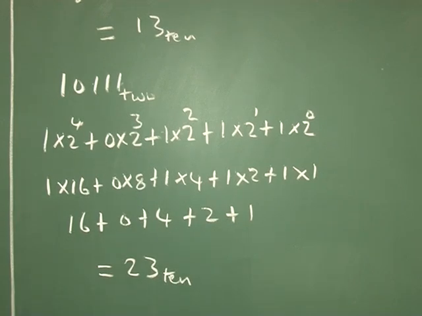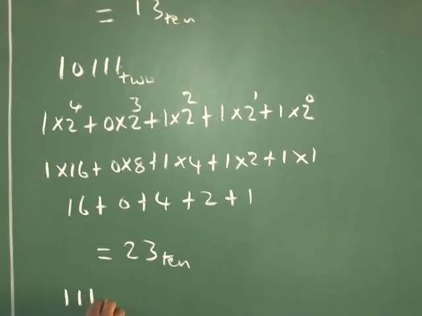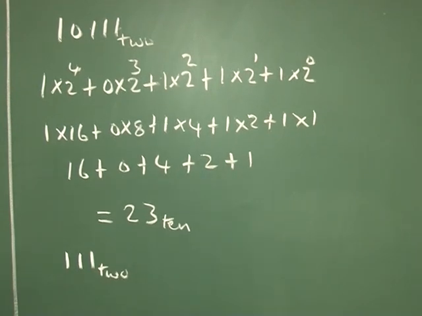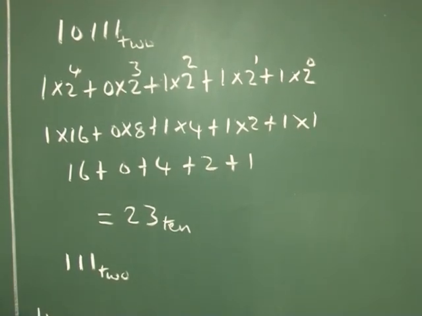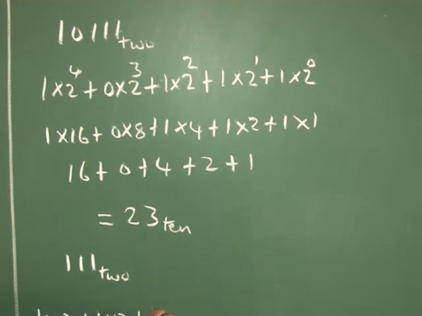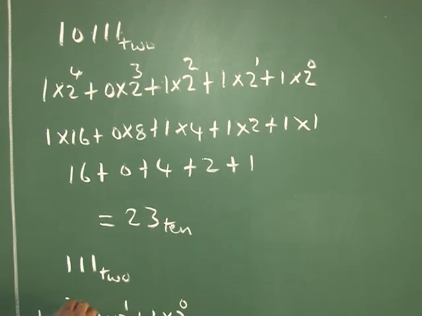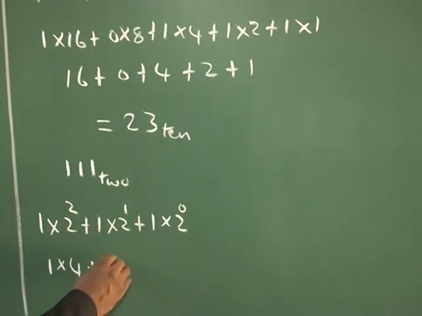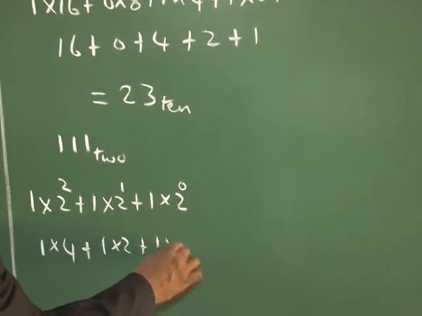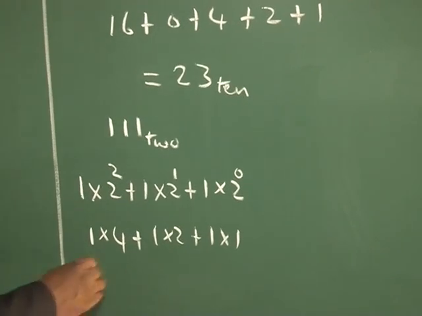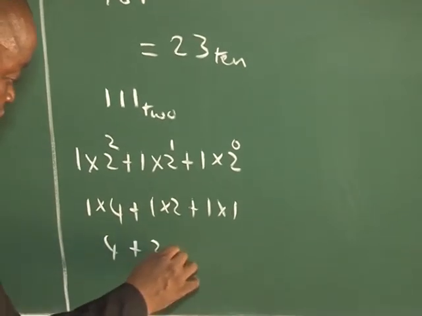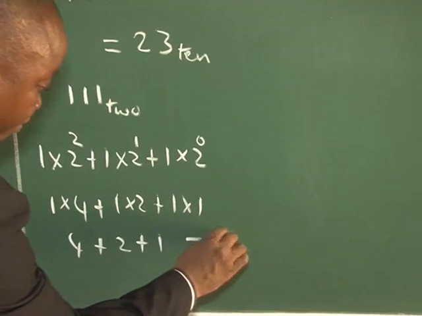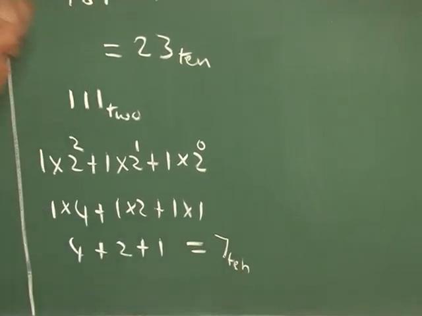Then the next, we are going to convert 111 in base 2 to base 10. That gives us 1 times 2 plus 1 times 2 plus 1 times 2. Raise it to 0, 1, and 2. This will give us 1 times 4 plus 1 times 2 plus 1 times 1, which is 4 plus 2 plus 1. And that gives us 7 to base 10.